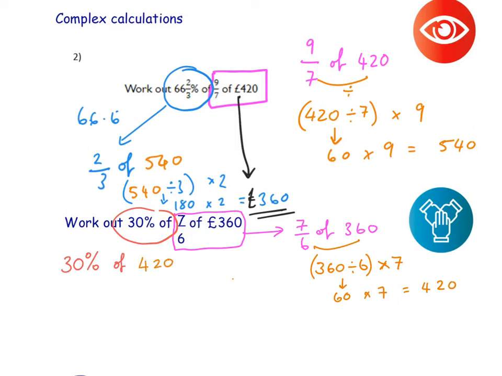So you can work it out either as a fraction or you can work it out as a percentage question. So I'm going to work it out as a fraction. So I'm going to divide by 100, and then I'm going to times it by 30, but you could divide it by 10 and then times it by 3.